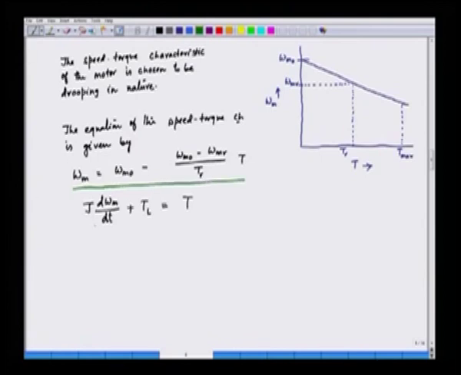So, we can substitute this omega m here and simplify. After substituting omega m, we can say here that d omega m by dt is equal to T minus T L, and that is equal to J d omega m by dt.